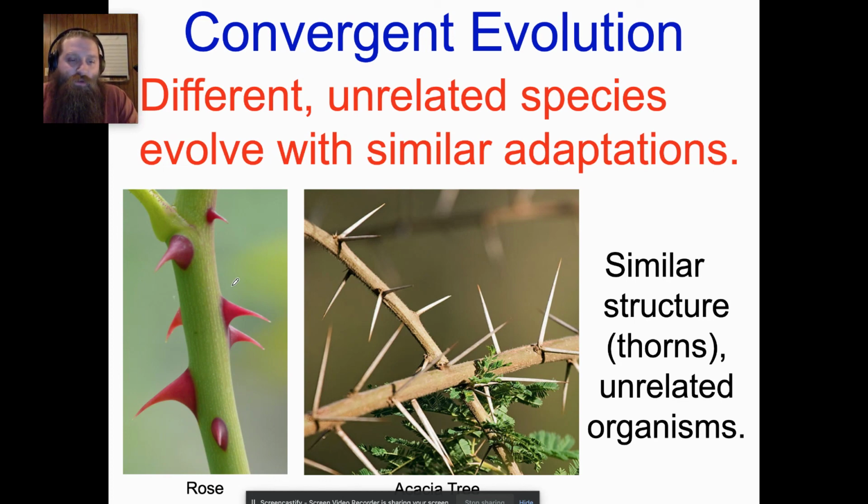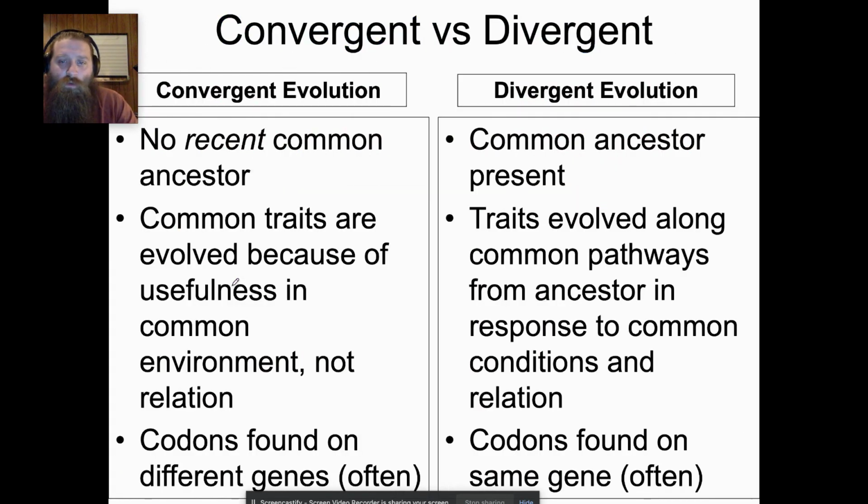Well, the rose bush has a thorn. The acacia tree has a thorn. Very similar structures, but they don't share a very recent common ancestor. And so this is an example of convergent evolution, not adaptive radiation or divergent evolution. So let's compare the two just to make sure we get them right.